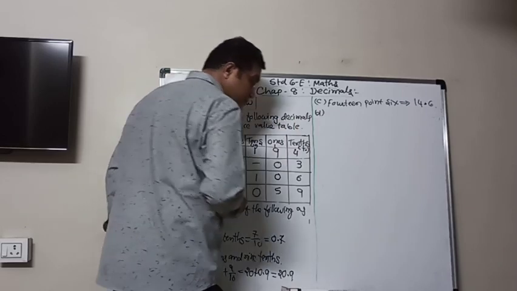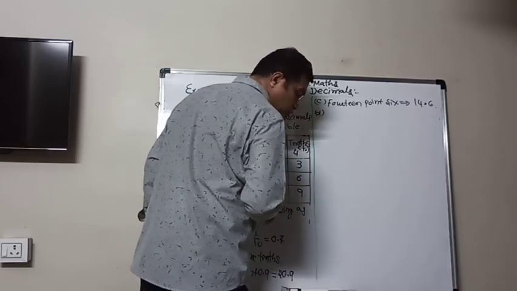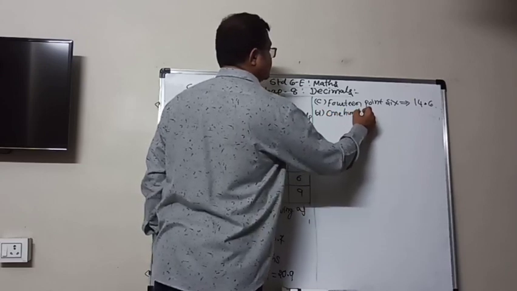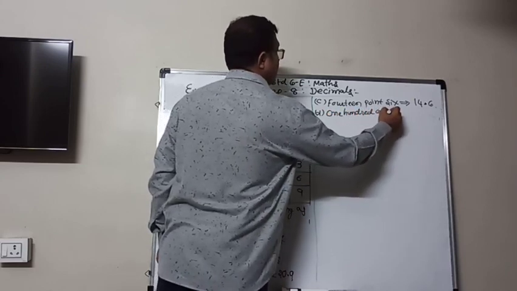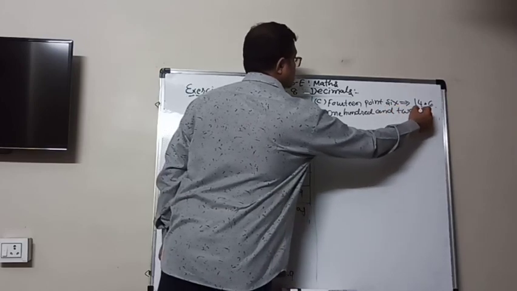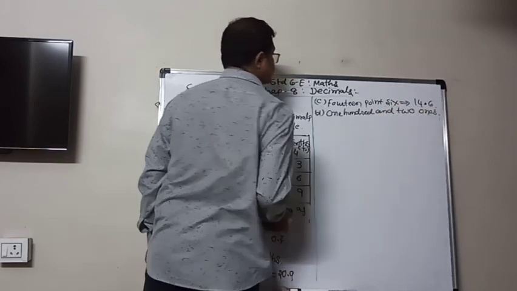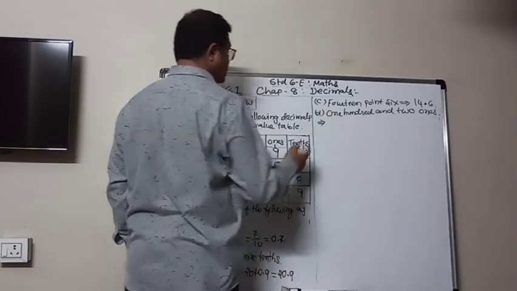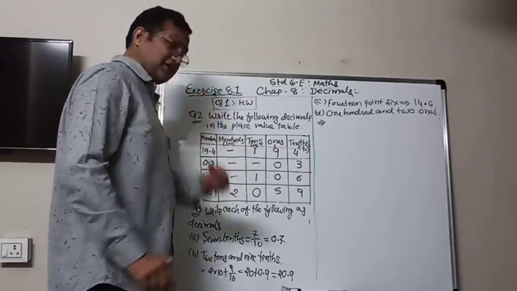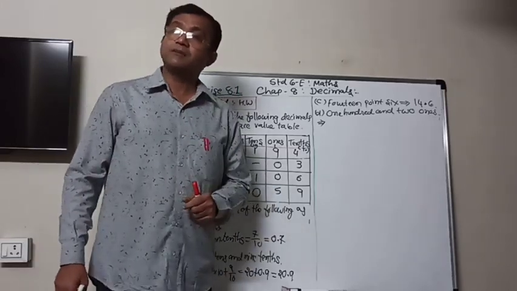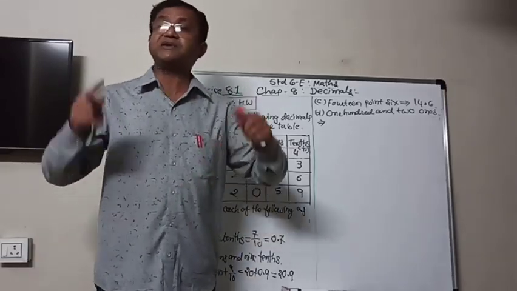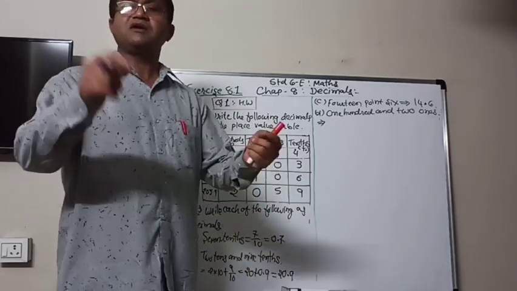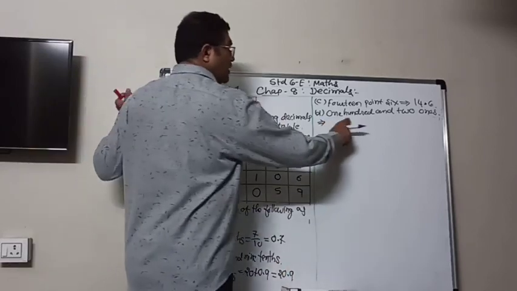D. 102 ones. Now here you can see that there is no tenths part, but we must use the decimal point also, because we have to convert it into a decimal. So no tenths means after the point we put 0.